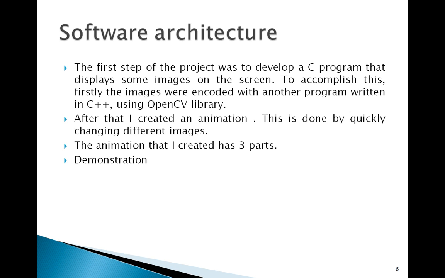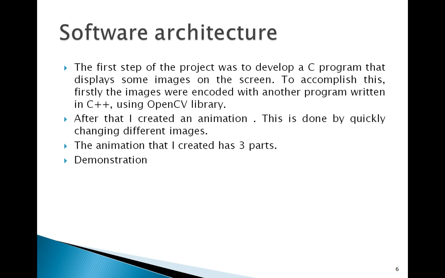The C++ program associates one bit for each component, 0 if the component value is under 128, and 1 if it is above 128. After that, the vectors were copied into the source file of the C program and declared as global variables.